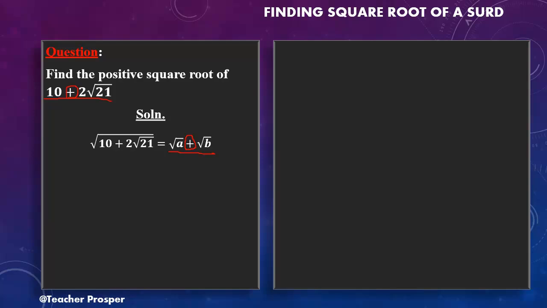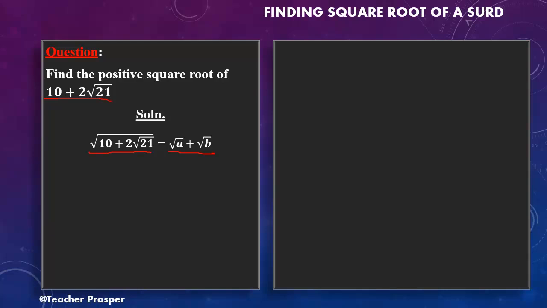Alright. Now, when we have this, our aim is going to be to try to remove the square root and then try to find the values of A and B. So you and I know that when we have something like this and we want to remove the square root, we square both sides.